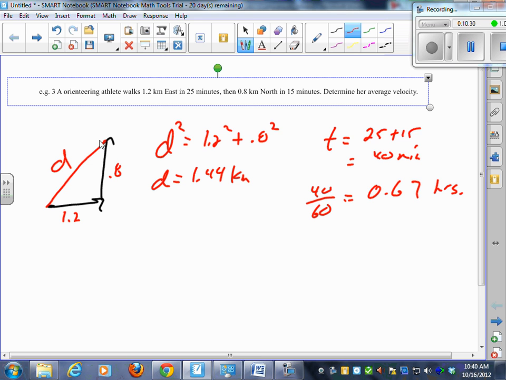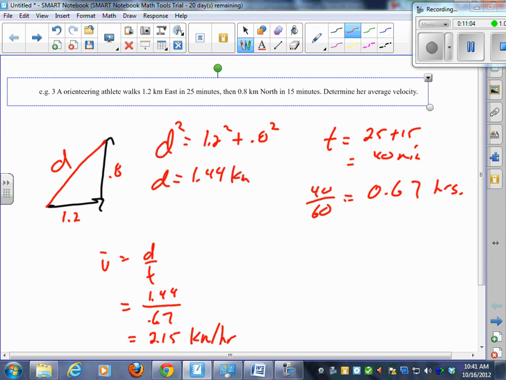Now, V bar equals D over T. Total displacement, 1.44. Total time, 0.67 hours. So 1.44 divided by 0.67 gives me an average velocity of 2.15 kilometers per hour. And does anyone get the nagging feeling that we're not done?